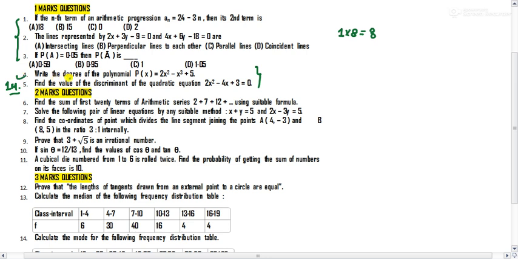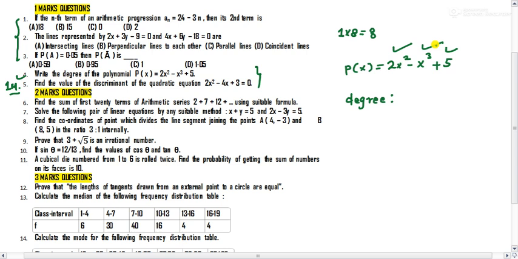Question number 4. Write the degree of the polynomial p of x is equal to 2x square minus x cube plus 5. So the question is degree. Degree means the highest power of the variable. Remember this. This is very important.